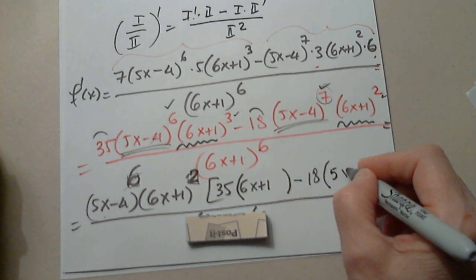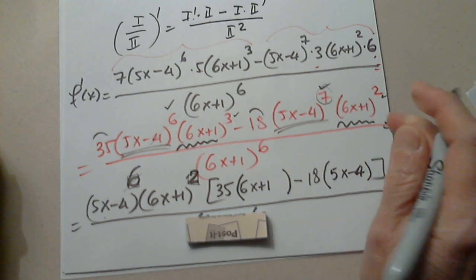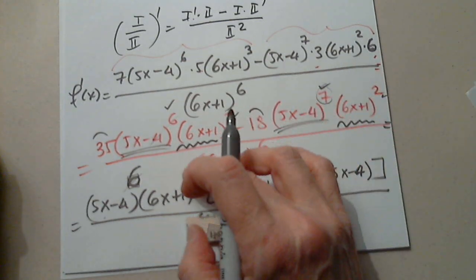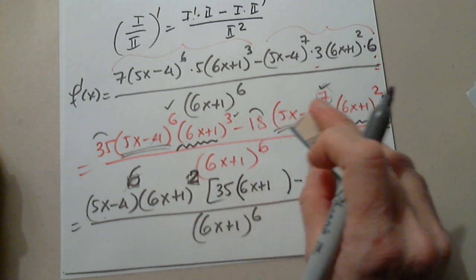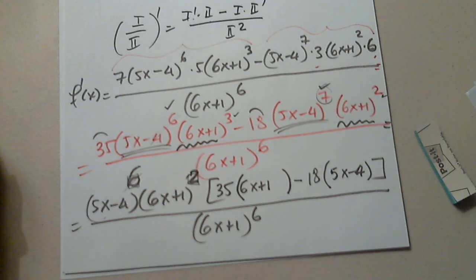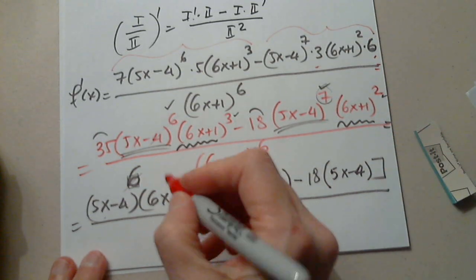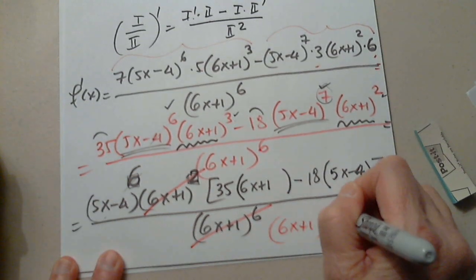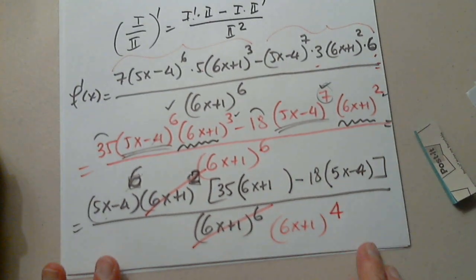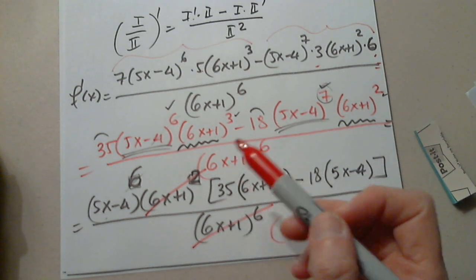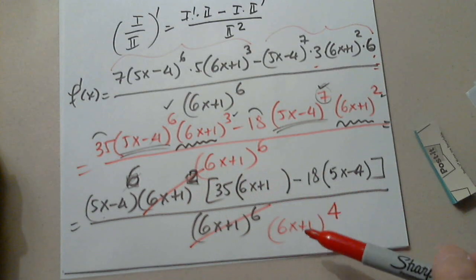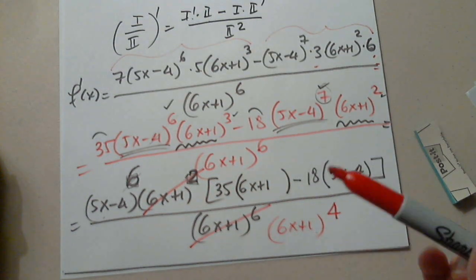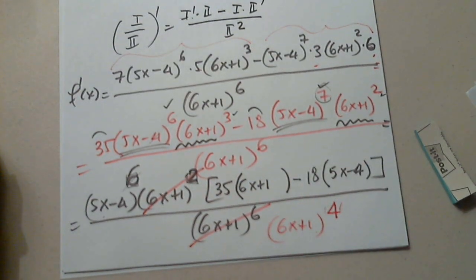Just 1. And these are all out. Only now, and only now, I'm allowed to do this. Only now I'm removing a factor of 6x plus 1 squared and a factor of 6x plus 1 squared. So now I'm left with 4 in the denominator.